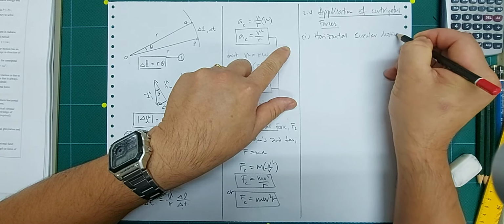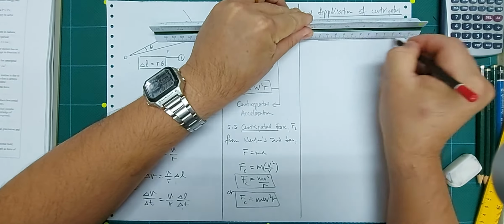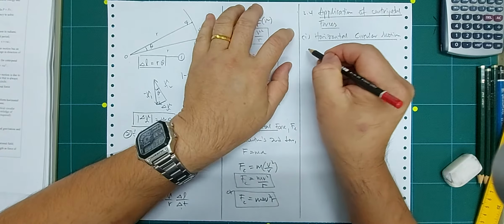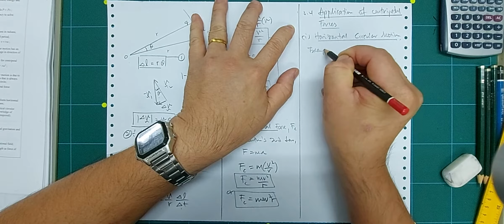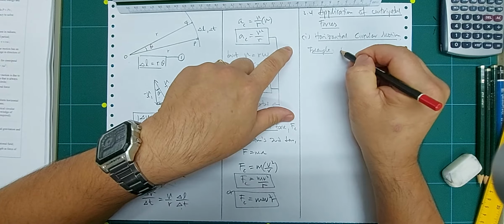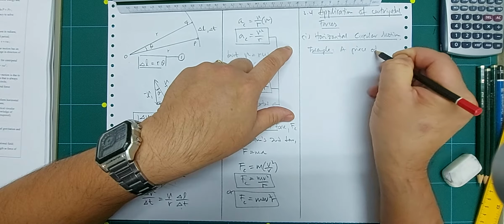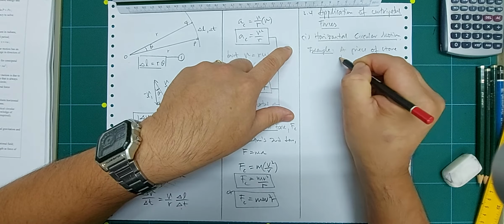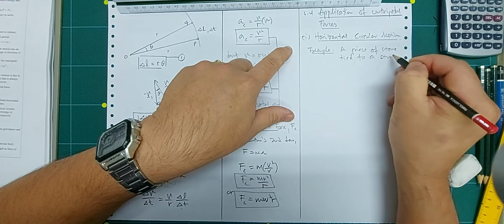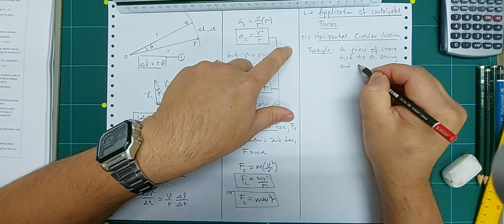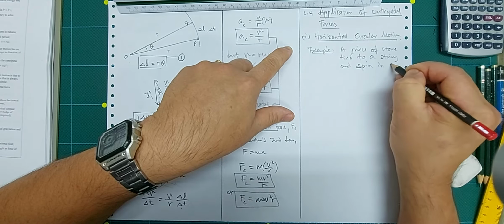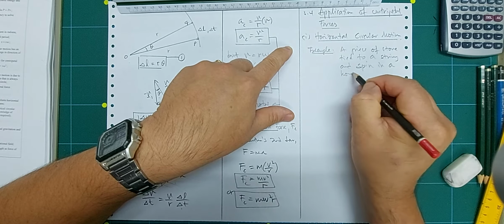For horizontal circular motion, an example is a piece of stone tied to a string and spun in a horizontal circle.